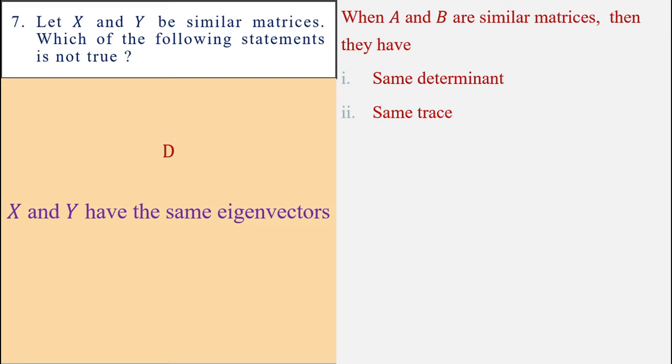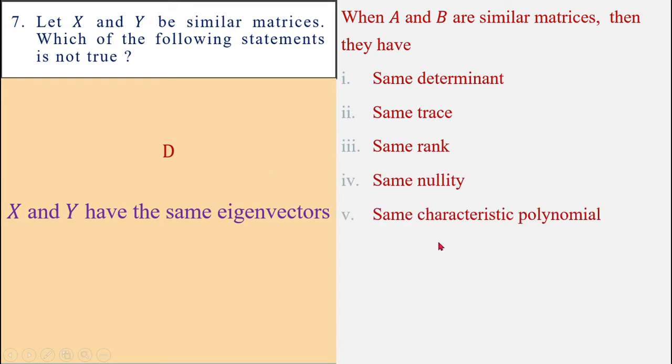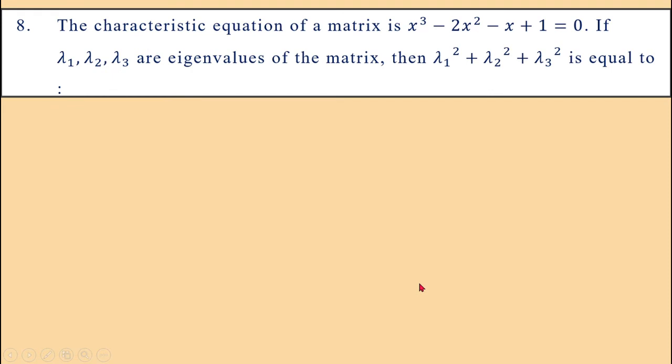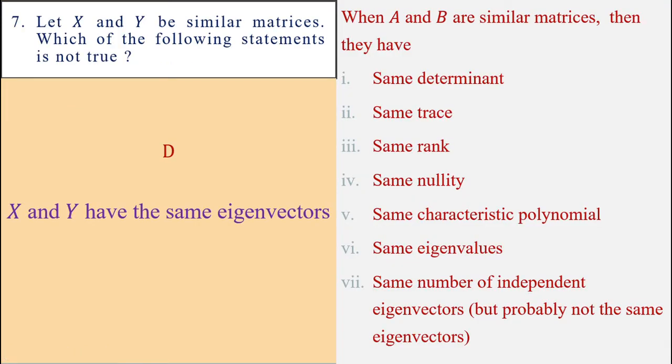They have the same rank, I have already told you. They have the same nullity also. They have the same characteristic polynomial. So they have the same eigenvalues also, and the same number of independent eigenvectors.